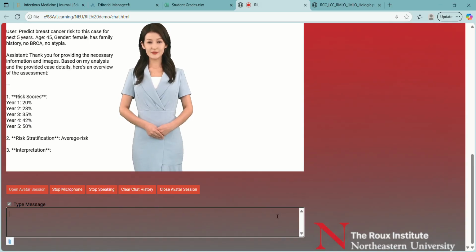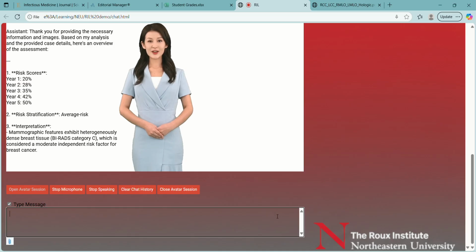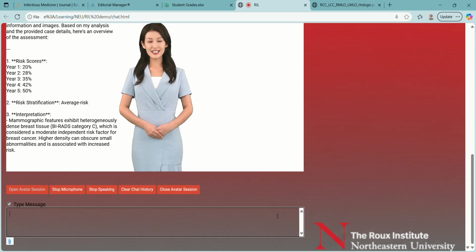3. Interpretation. Mammographic features exhibit heterogeneously dense breast tissue, BI-RADS Category C, which is considered a moderate independent risk factor for breast cancer. Higher density can obscure small abnormalities and is associated with increased risk.